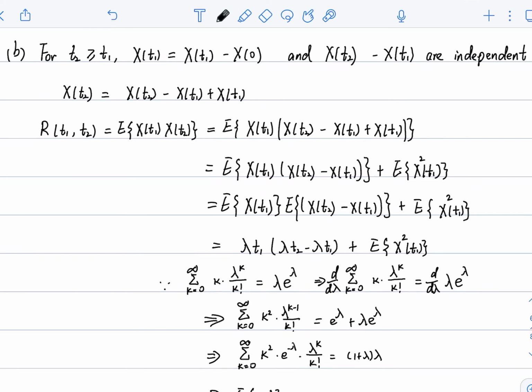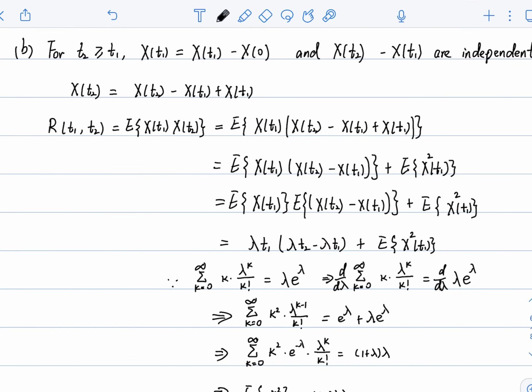The second question, question B, asks us to find the correlation of T1, T2. We only know that T1 and T2 are greater than 0, but do not know which one is larger. Therefore, first we assume that T2 is greater than or equal to T1.